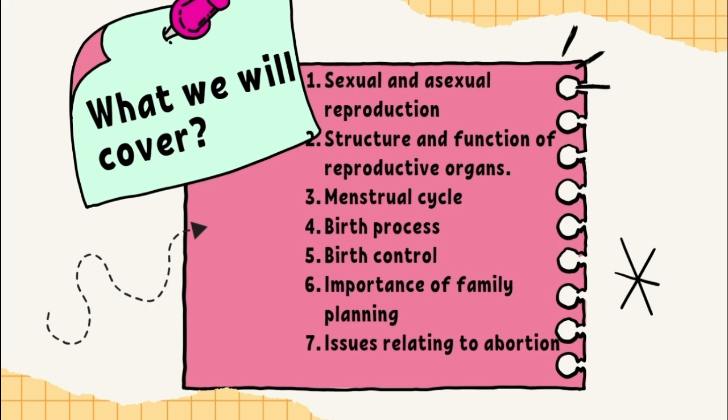Then you have the menstrual cycle, the birth process, birth control, the importance of family planning, and the issues relating to abortion. This is just a quick crash course, so we're going to take our time and go over everything in a timely manner.